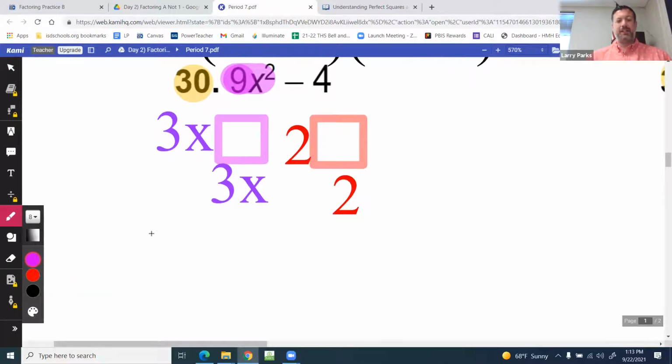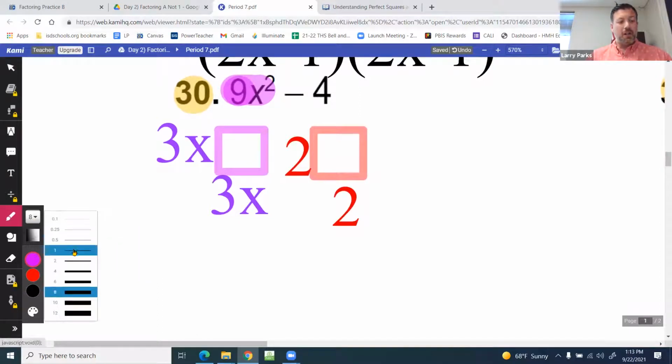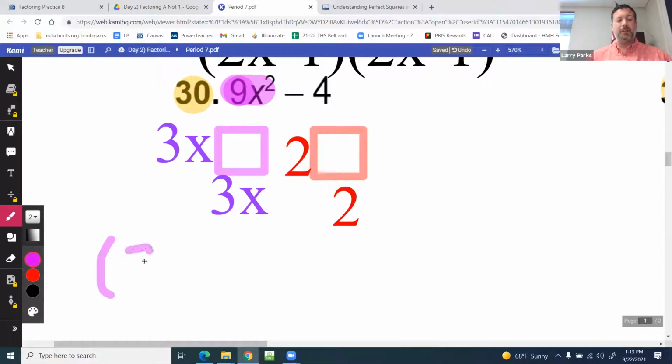You take your 3x, put it here, and here. You take your 2 and you put it here and here.